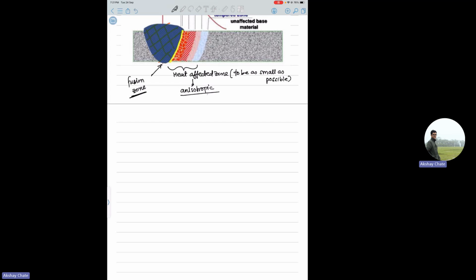Okay, so let me just see if I can find any good image about this, because this epitaxial word is used only here.